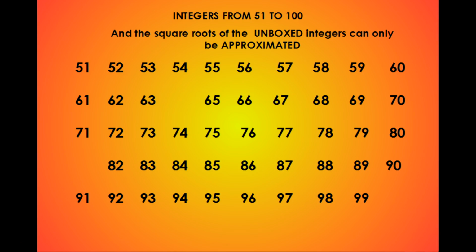And in fact, as you consider further blocks, you will pretty soon come to some blocks where all the integers' square roots can only be approximated, and none of them can be put in a list.